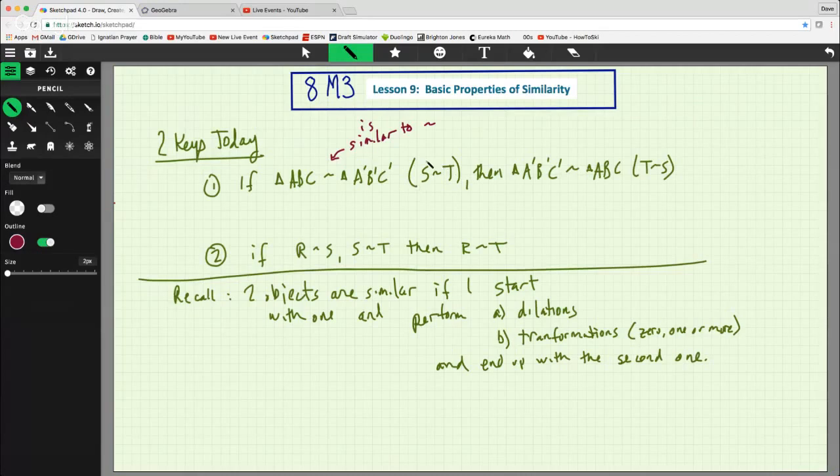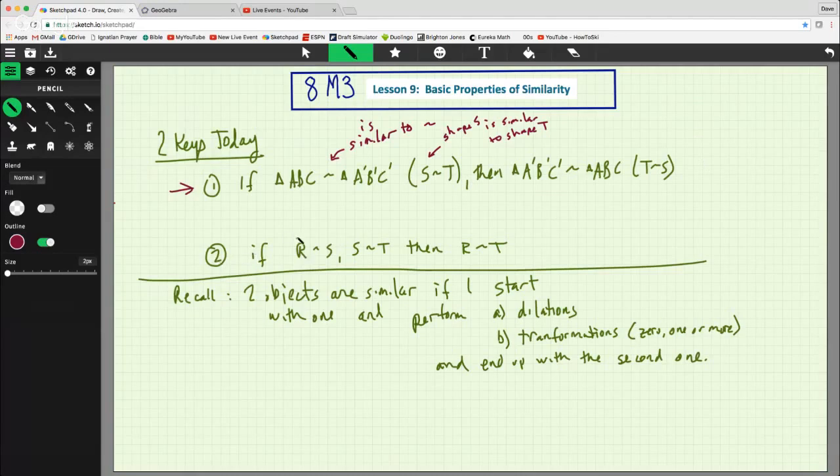And you can also say it in general: if shape S is similar to shape T, so this could be a quadrilateral, a pentagon, an octagon, it could have 5, 6, 7 sides, it doesn't have to just have 3 sides like these triangles, then the second shape is similar to the first shape. So that's one key learning from today, and you need to know that that's true.